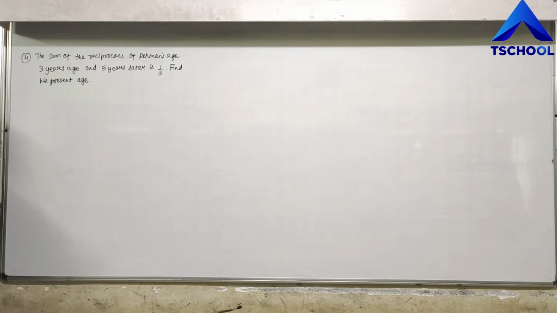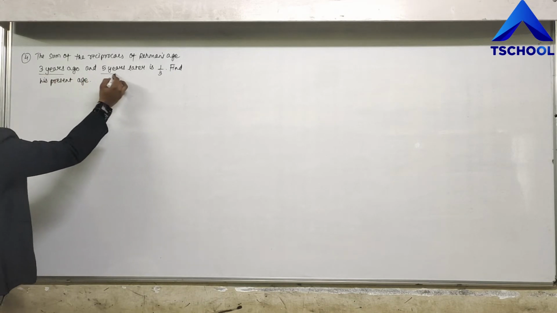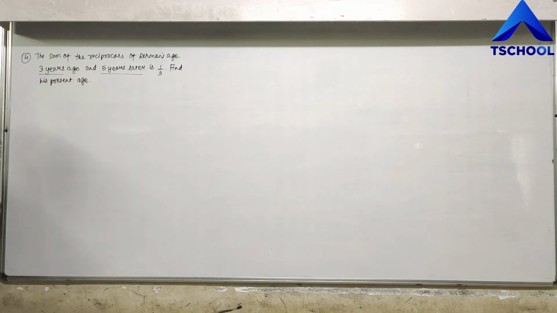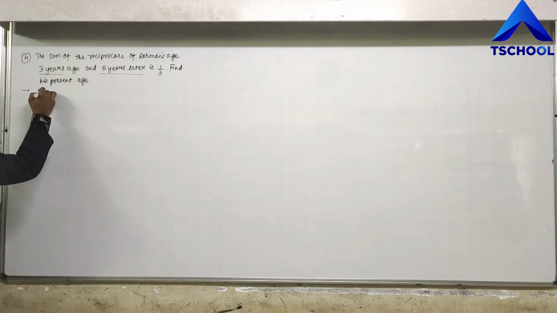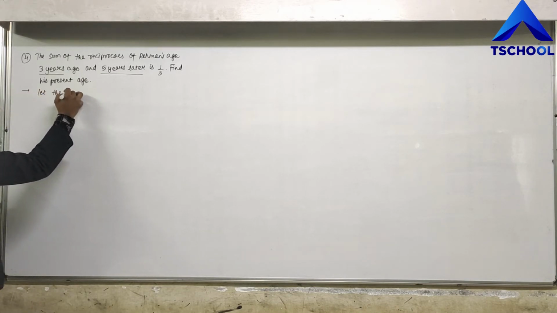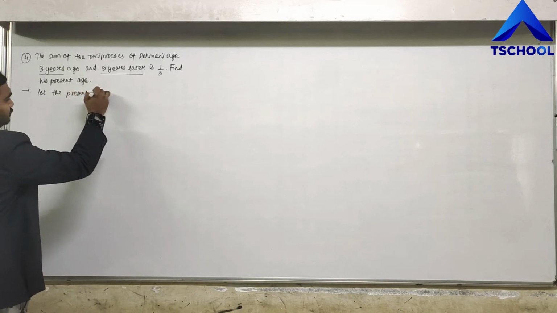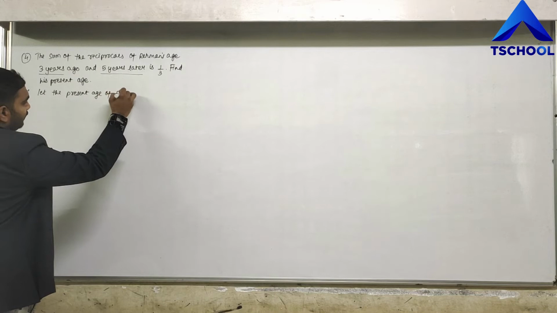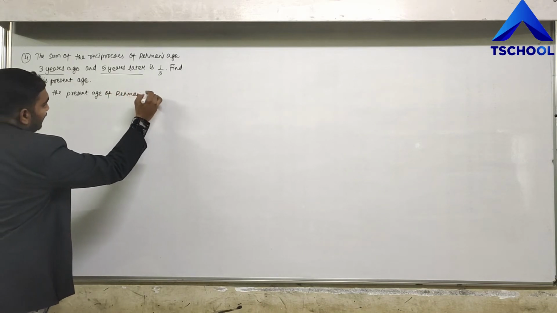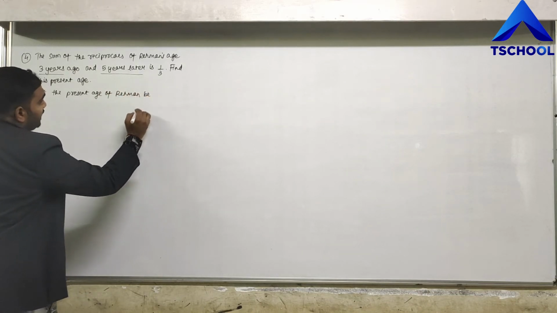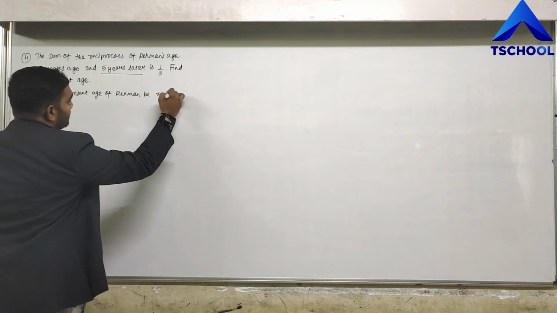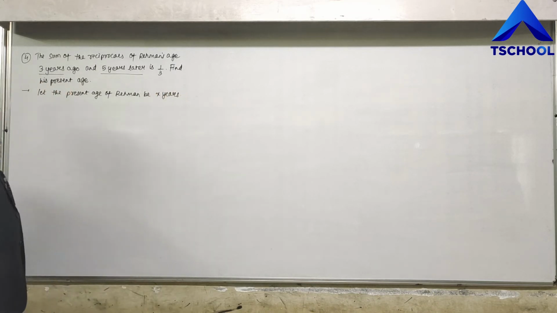So it is said that the reciprocals of Rahman's age 3 years ago and 5 years later. Right? So we are having two different conditions. We need to find out his present age. So let the present age of Rahman be x years.